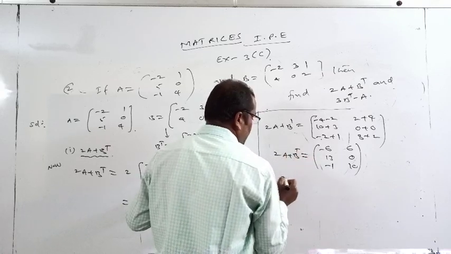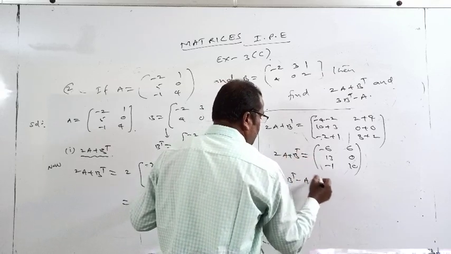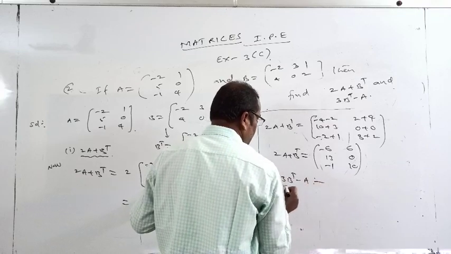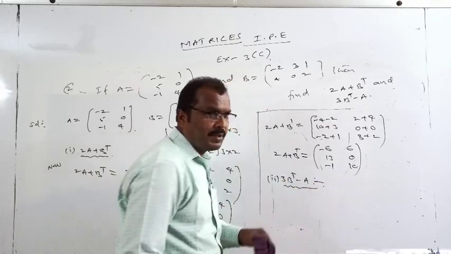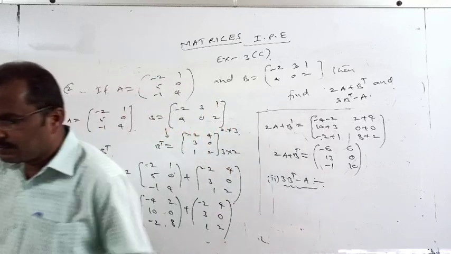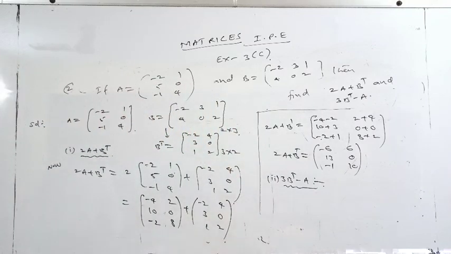Now 3B transpose minus A. So do the second bit.